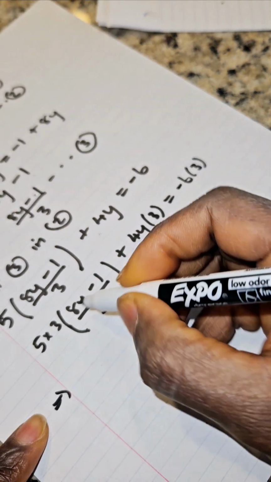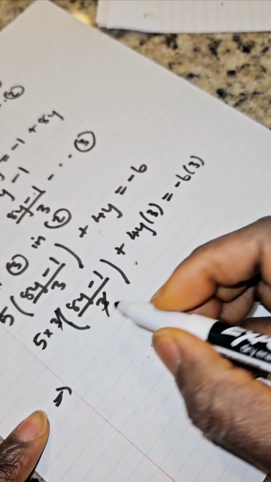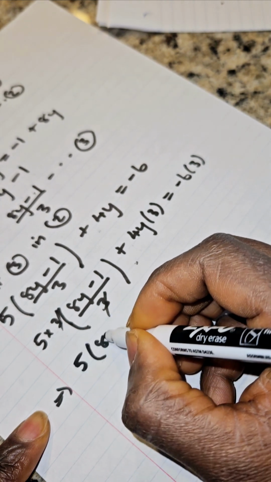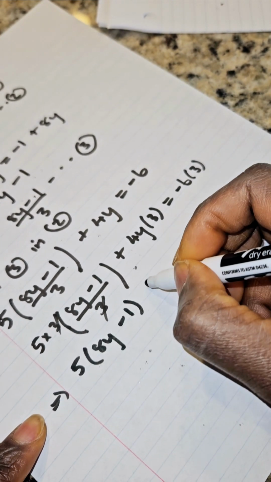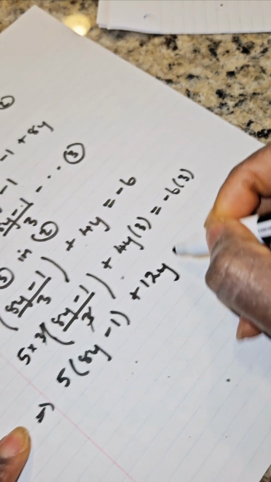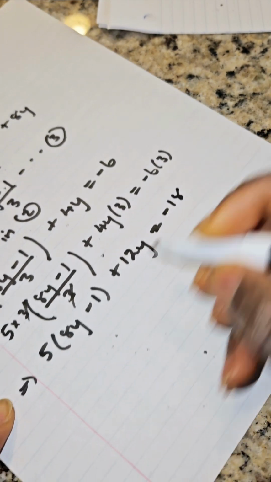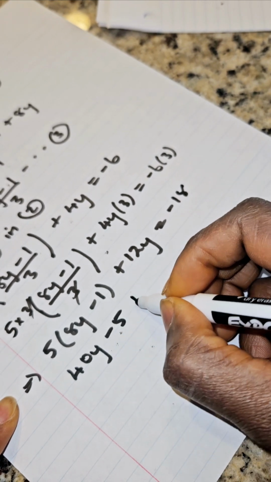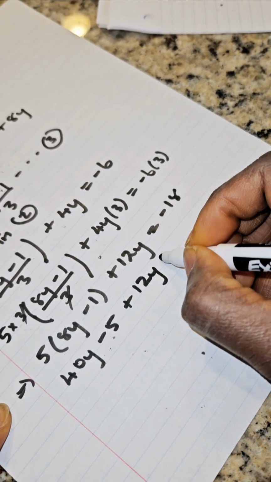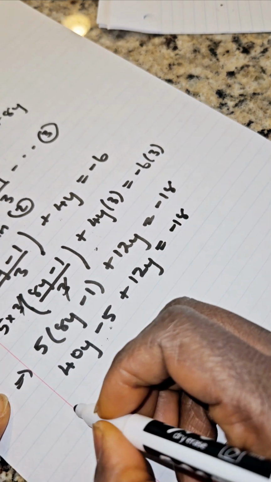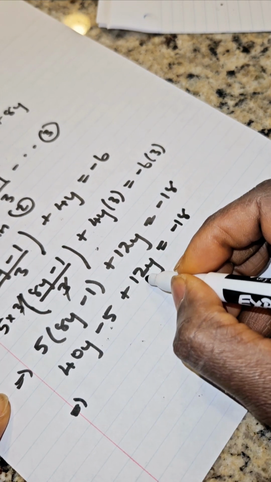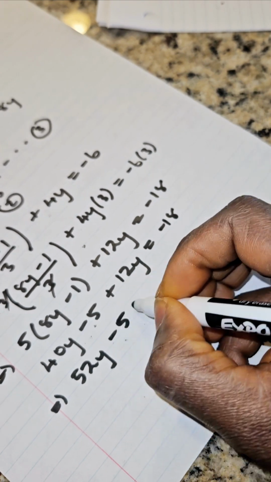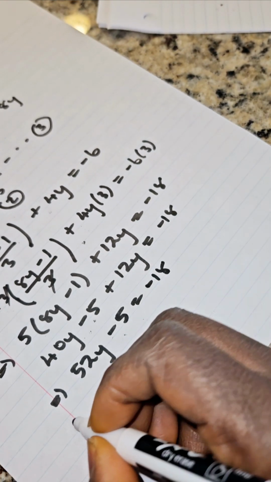And this will give me, 3 can cancel here, and I will have 5 times 8y minus 1 plus 12y equals negative 18. 40y minus 5 plus 12y equals negative 18. 40 plus 12 is 52y minus 5 equals negative 18.